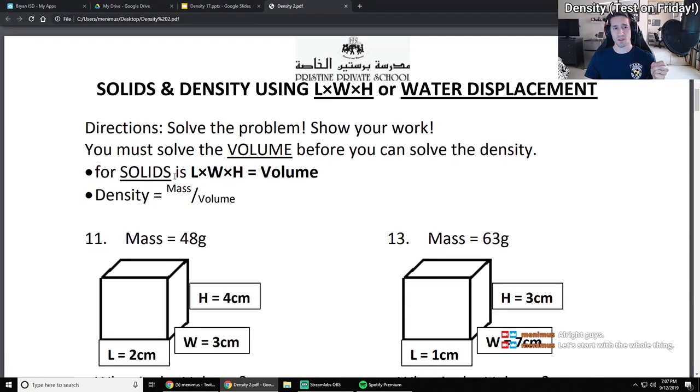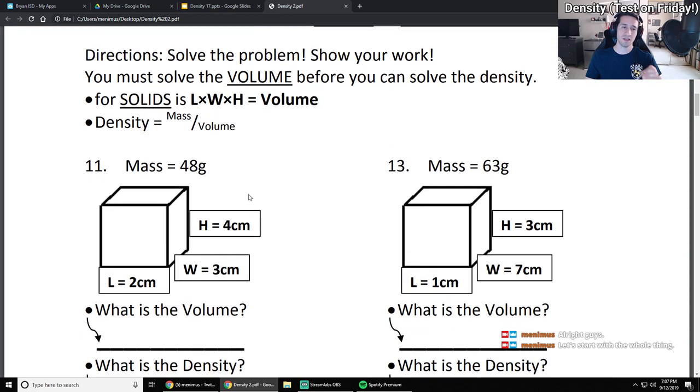Also, again, when you are not given the volume of a solid, if it's a regular solid, please remember that for solids, you're going to be using the length times the width times the height to find the volume. Easy formula. We've already worked with this in 4th grade. We already worked with this in 5th grade.